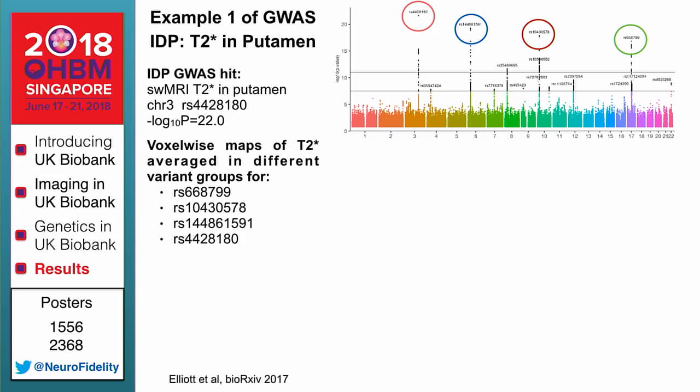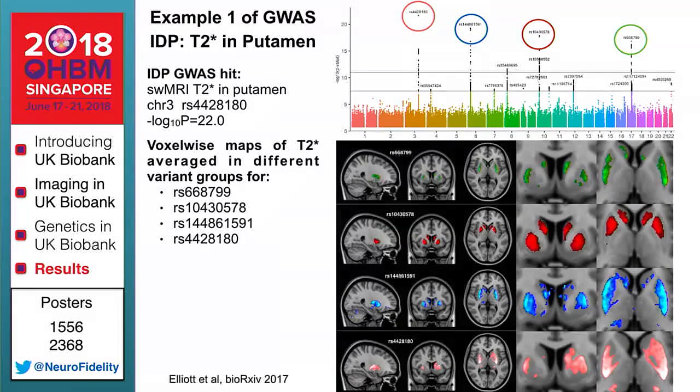So we ran a GLM analysis, 4 GLM analyses with these separate SNPs, finding that each SNP affects a part of the putamen in a different way, and that is a really cool result.